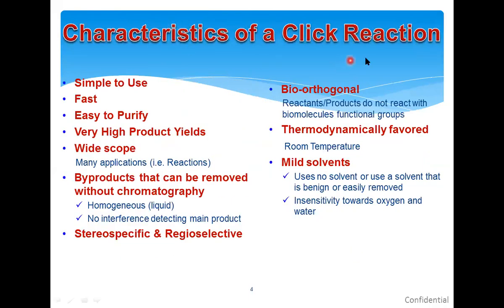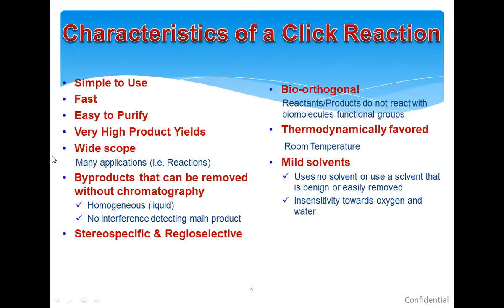As I mentioned, what are the characteristics of a click reaction? It should be, number one, simple to use. It's fast. The final product will be easy to purify, and the yield of the product is very high.